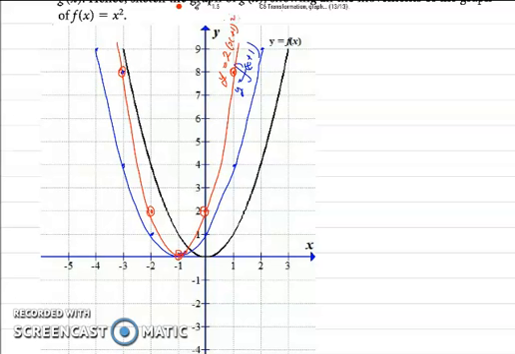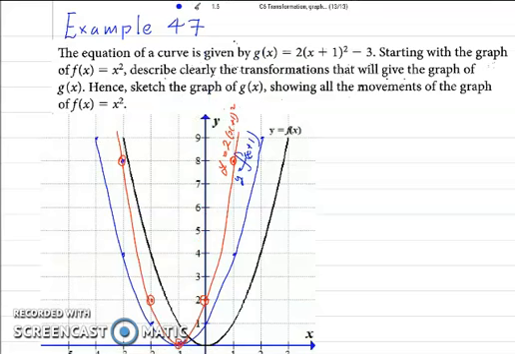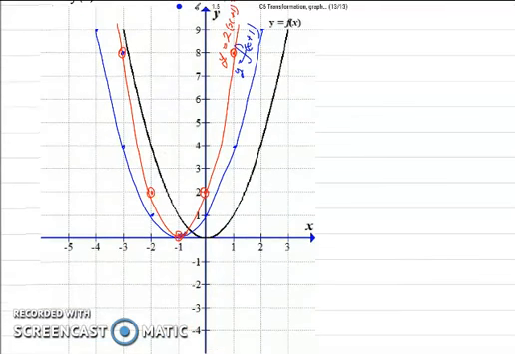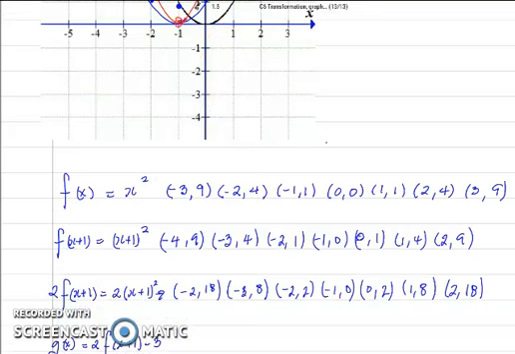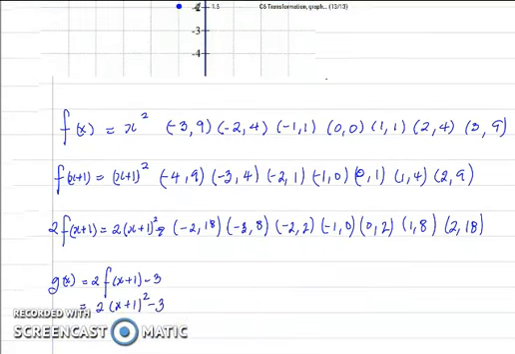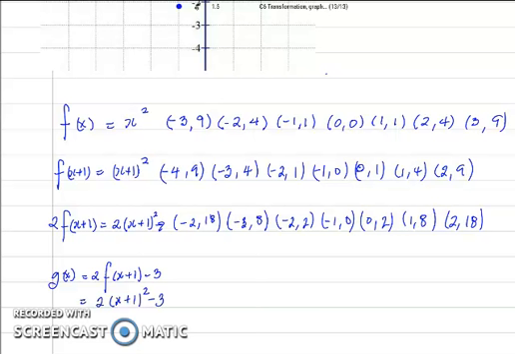And then lastly, let's look at the final step of this transformation. Now the graph of g of x, which is 2 times f of x plus 1 minus 3. So that's a vertical translation of 3 units vertically downwards. So the x coordinates are going to remain the same.